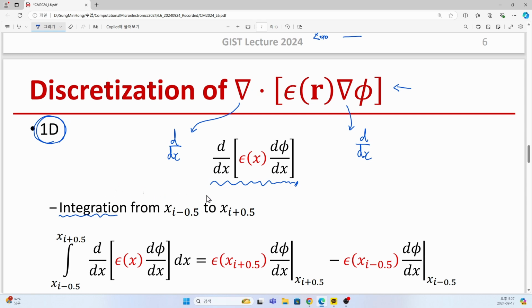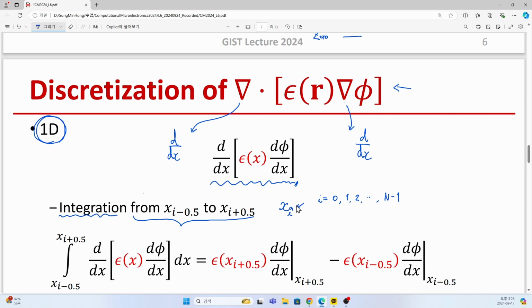Instead, we restrict the domain of integration to a short distance around a certain position, xi. What is xi? i can be 0, or 1, or 2, and even n minus 1. You can select any of these n candidates for the i value.